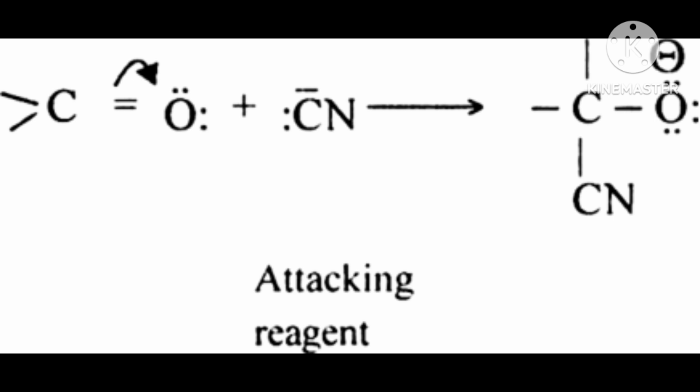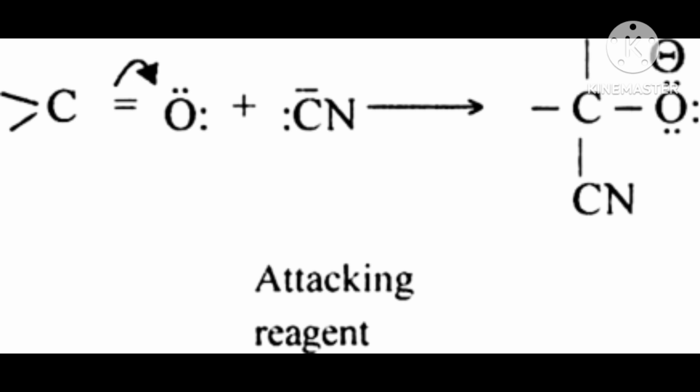The examples are 1,3-butadiene, aniline, and nitrobenzene, etc. In such a system, the pi electrons are delocalized and the system develops polarity. Then the movement will start according to the group attached to this type of system.